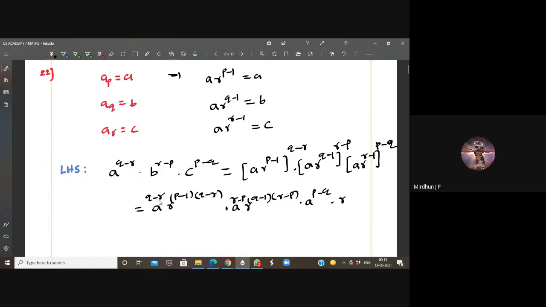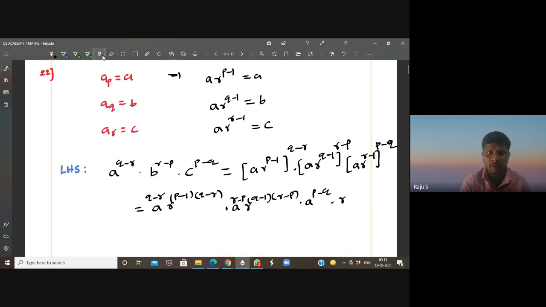There also and here also. Yes, look here: A to the power of q minus r, R to the power of p minus 1 into q minus r. There are two terms, and it is like (ab) whole power m equals a power m, b power m, right? Now R to the power of r minus 1 into p minus q. Is it clear, sir? Here the base is the same, so you can add the powers of A.